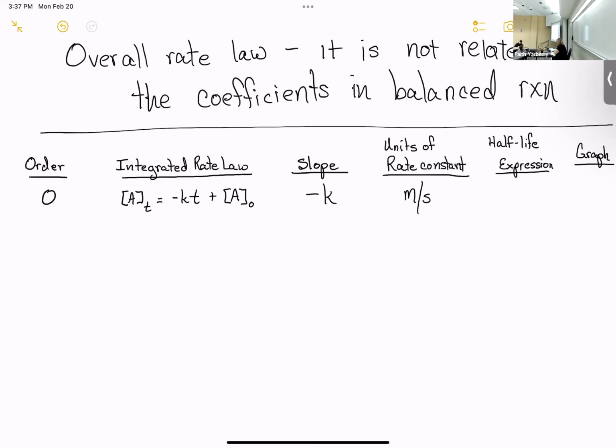And the half-life expression is t1/2 equals the original concentration divided by 2 times the rate constant. I'll come back to the graph later, but I just don't have enough space.